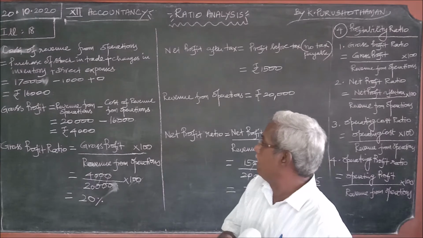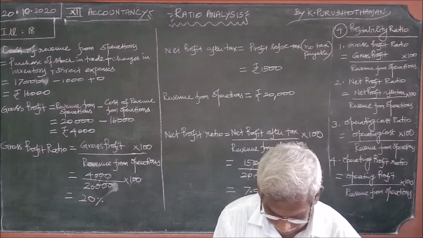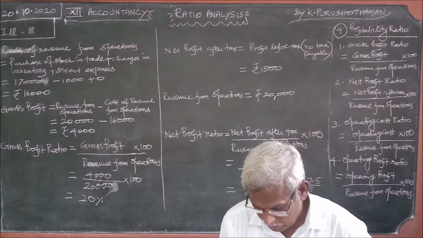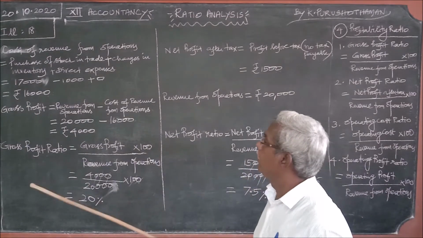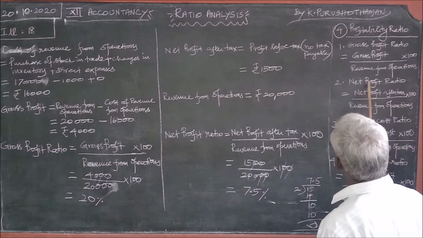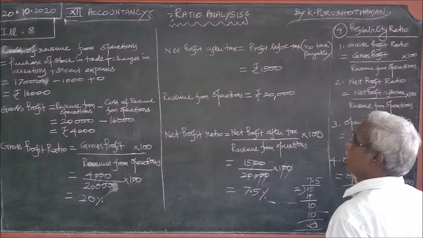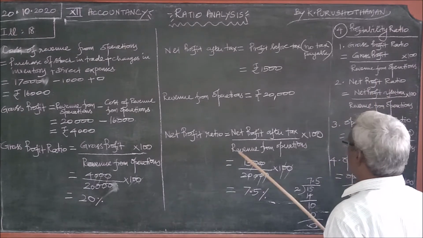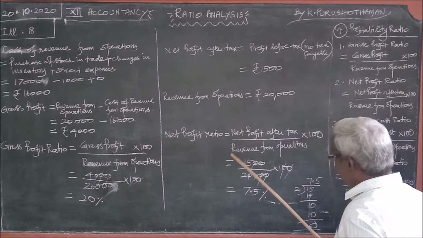So, what is given in this problem? You can find these two. There are 4 ratios, but now we have found out only these two. We are going to find the rest afterwards.